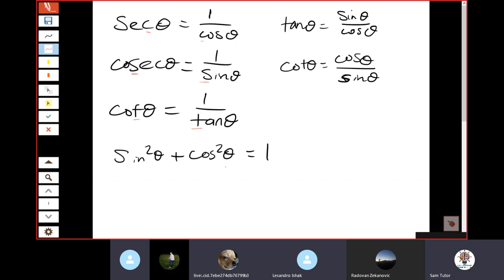From that, you get the other two, but most students just memorize this, like I keep saying. If you want to solve for sine squared, you can minus the cos squared over, and you'll get this. If you want cos squared, that becomes 1 minus sine squared. You would subtract the sine squared over.